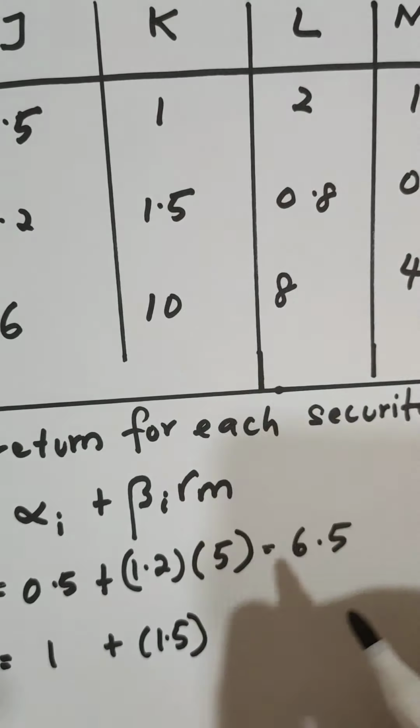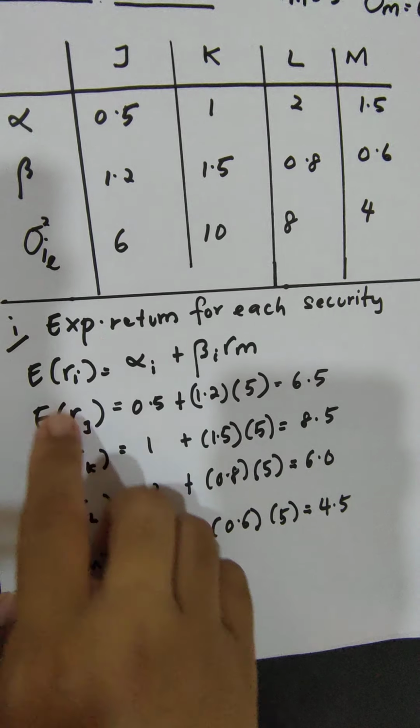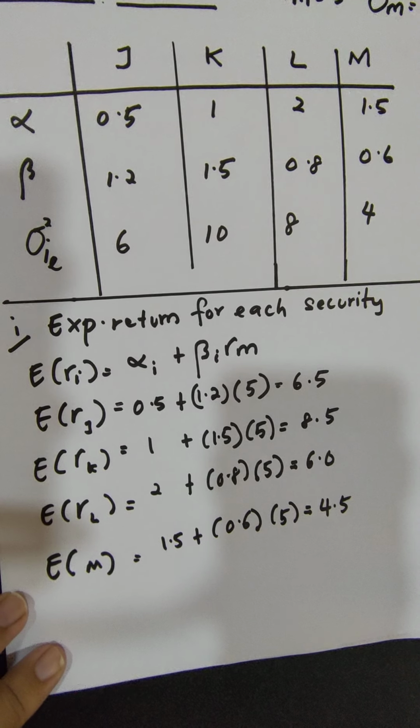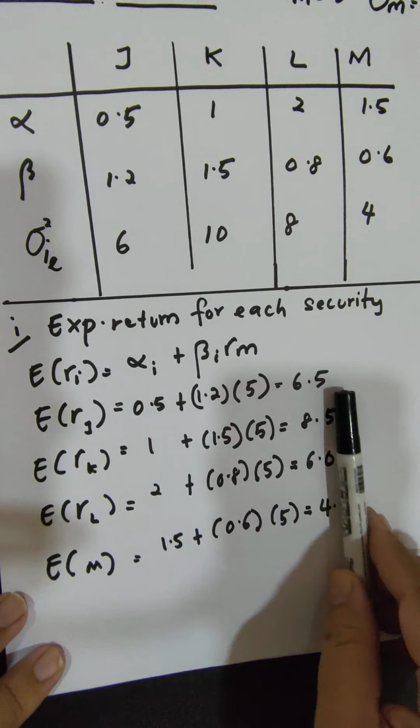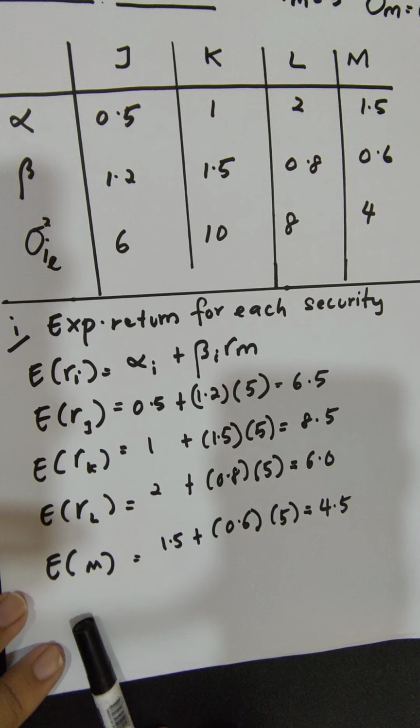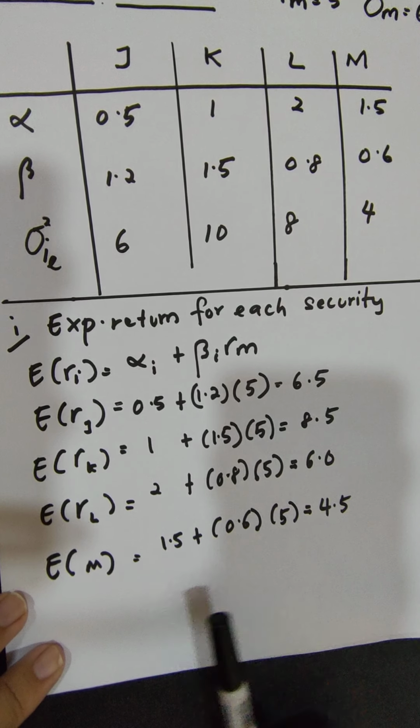So you can get the answer of 8.5. Once you compute all the assets there, you can get all these answers: 6.5, 8.5, 6.0, 4.5. I believe we have done this in the class before we started our holiday.